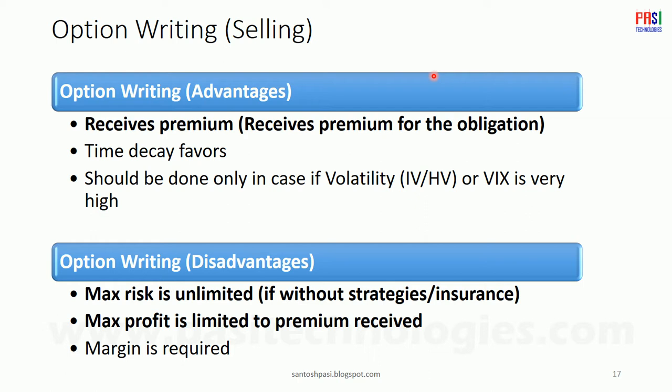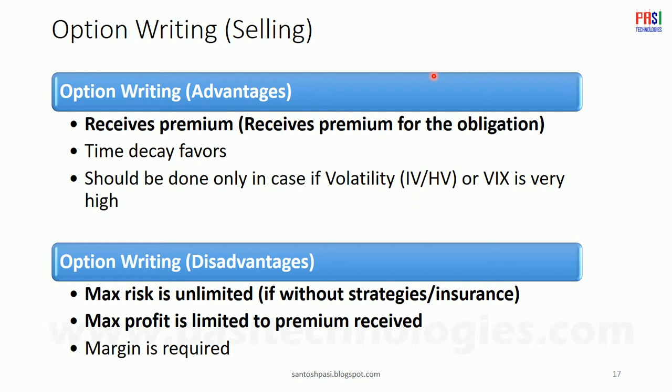So, if you're shorting, then you do receive a premium, and believe me, this is the real premium. Using that premium, you can buy insurance or some other things. At the same time, if you're writing an option, time decay is in your favor. What you earn, the same would be a loss to the buyer.